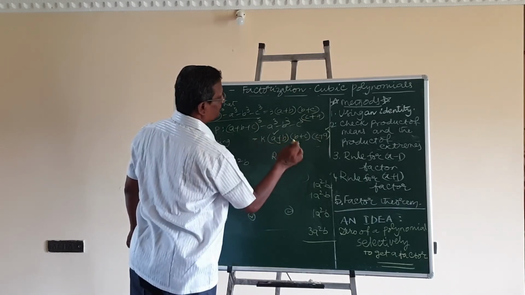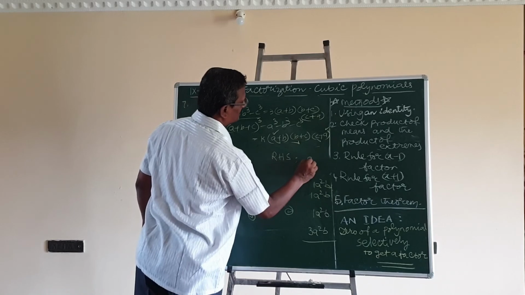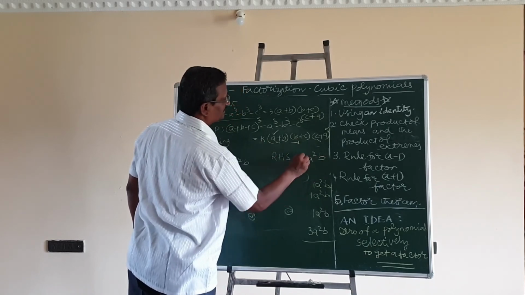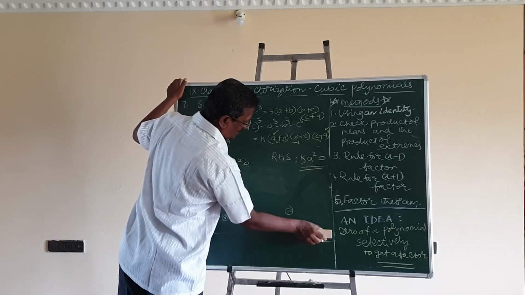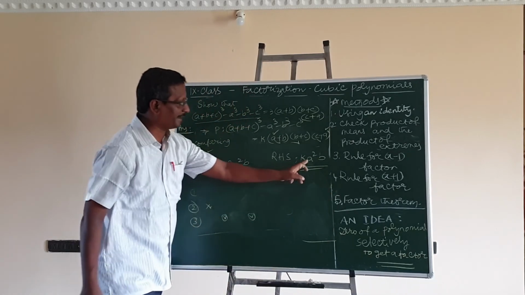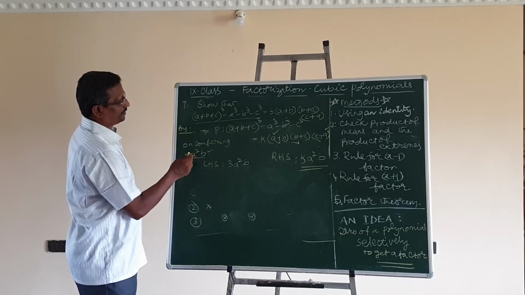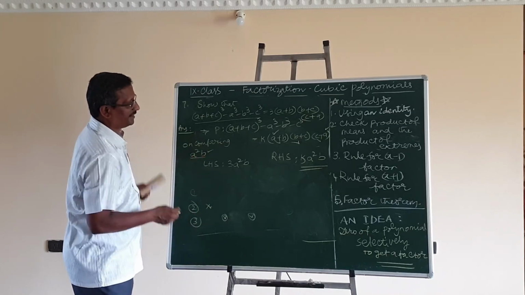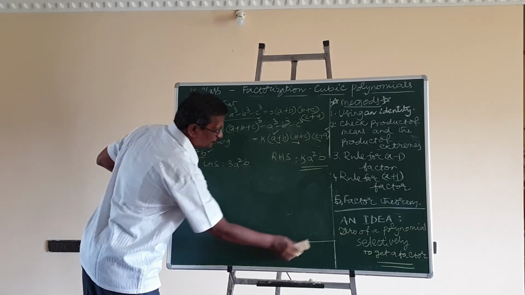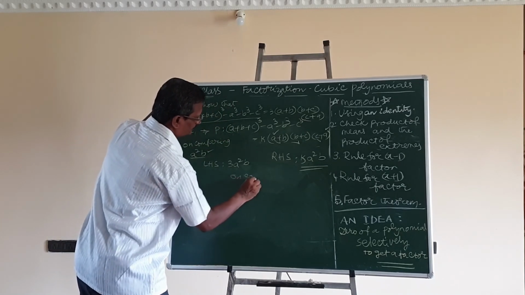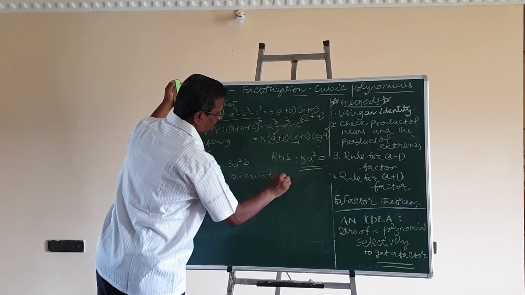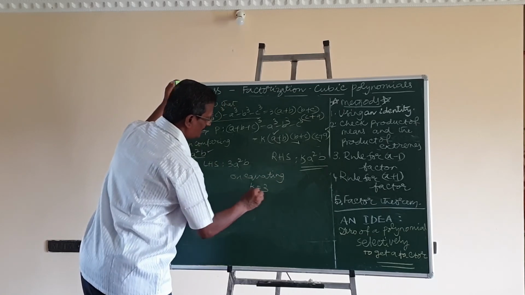Here a into b, this is a square b into k. The coefficient of a square b in the RHS is k into a square b. The coefficient of a square b in the LHS is 3 a square b. These two must be equal on equating. k is equal to 3.